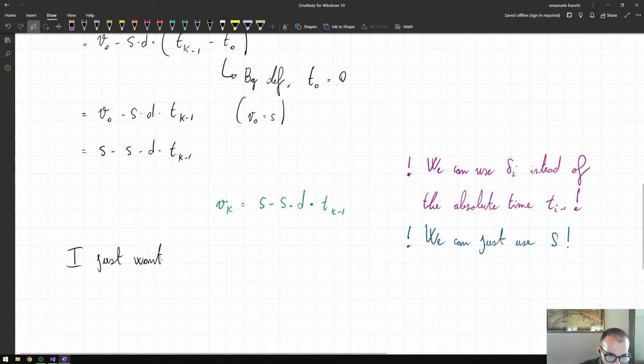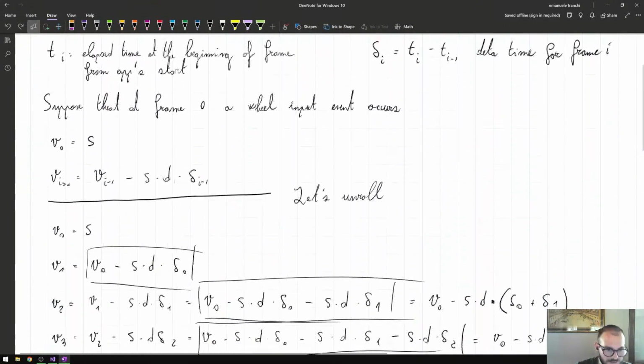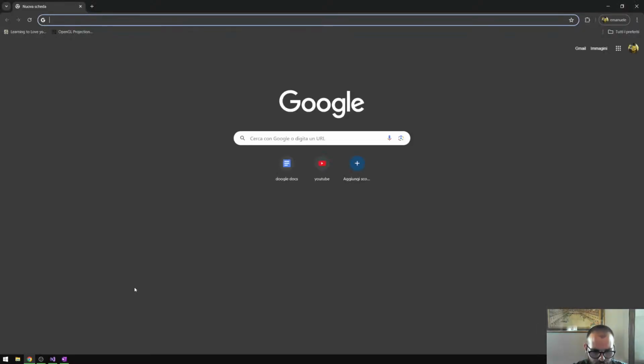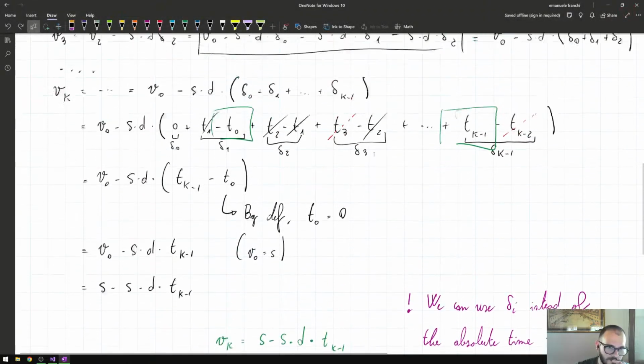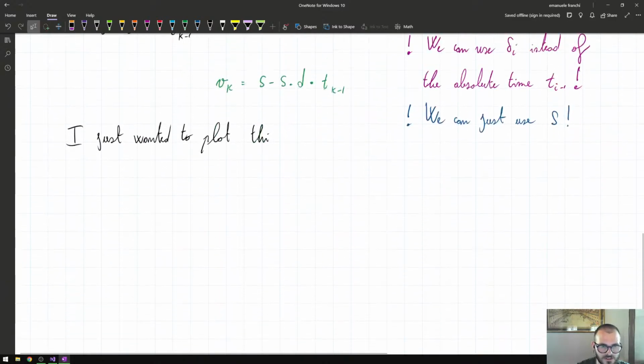I solved the recurrence relation, called relazione di ricorrenza in Italian. Very easy.